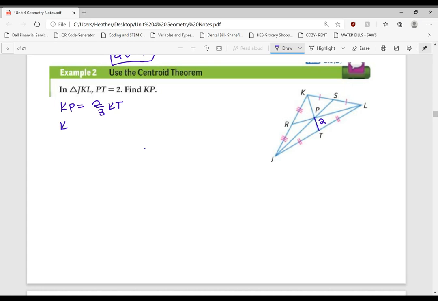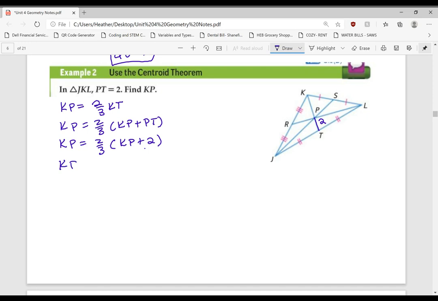So KP is equal to 2/3 (KP plus PT), because KP plus PT is equal to the entire part KT. So we have KP is equal to 2/3 (KP plus 2), because 2 was PT.